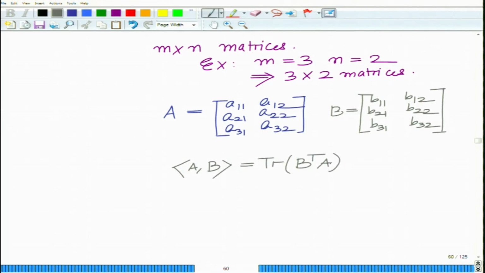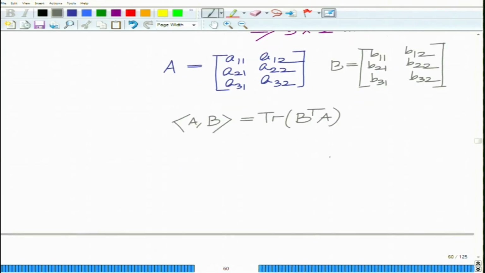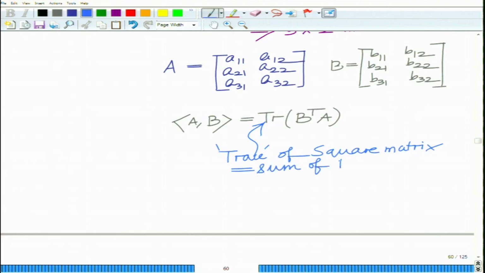B transpose A. Now this is an interesting concept, the trace of a square matrix. This is the trace operator, which is defined as the sum of the diagonal elements of a square matrix.